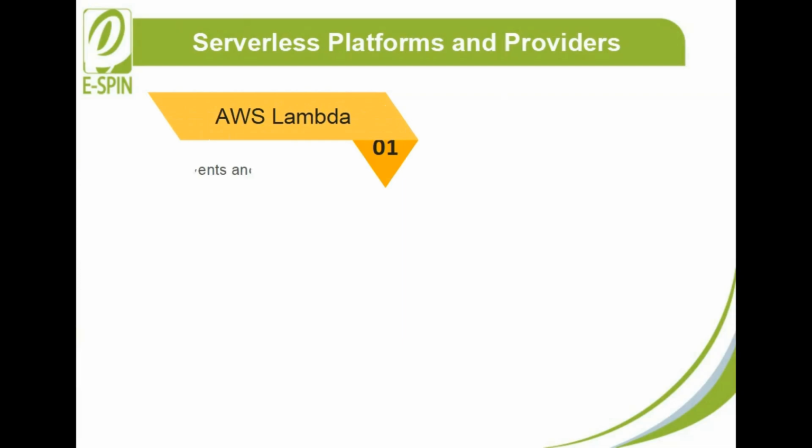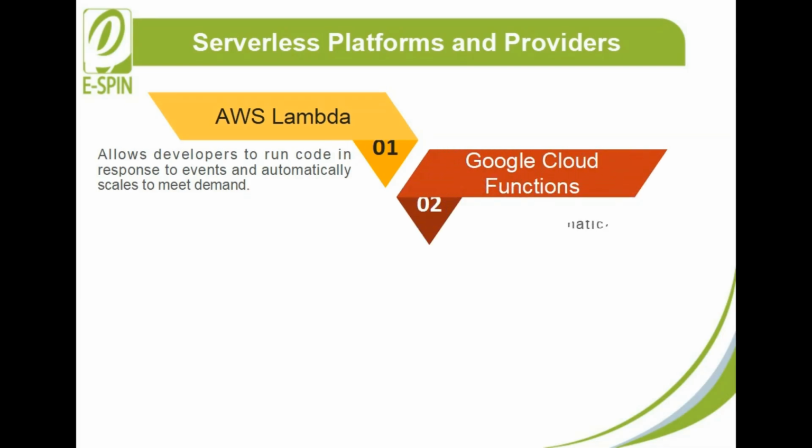Serverless platforms and providers. AWS Lambda: it allows developers to run code in response to events and automatically scales to meet demand. Google Cloud Functions: it enables developers to run code in response to events, automatically scaling the infrastructure as needed.